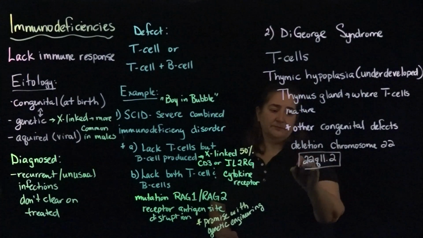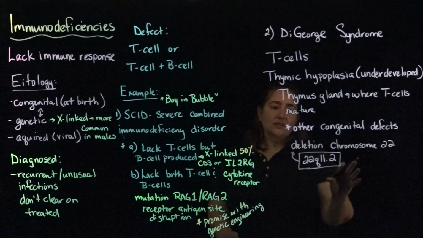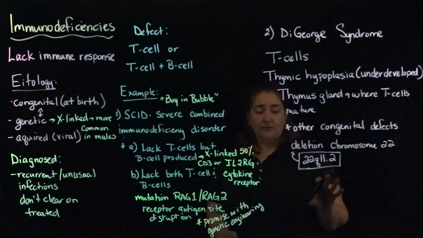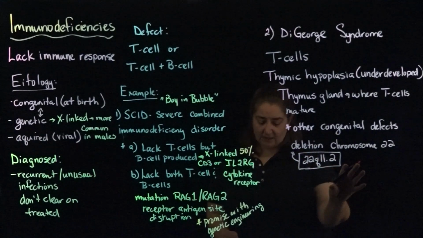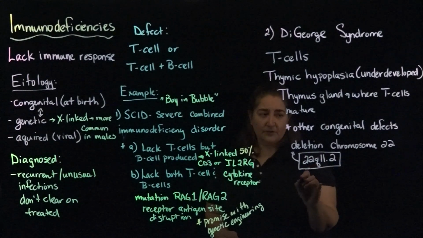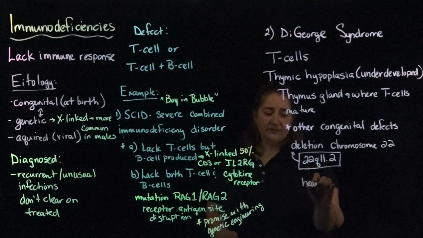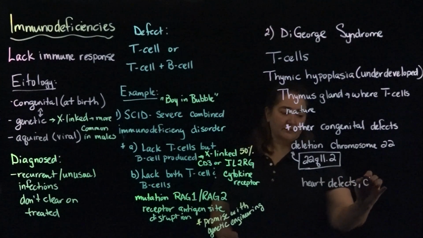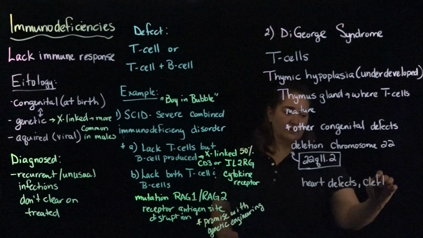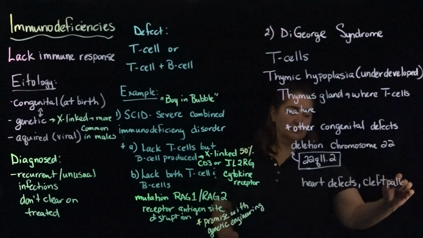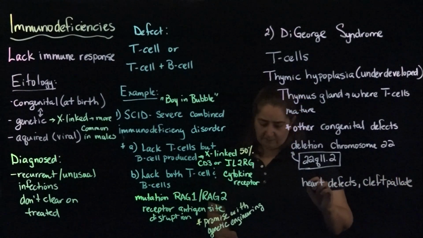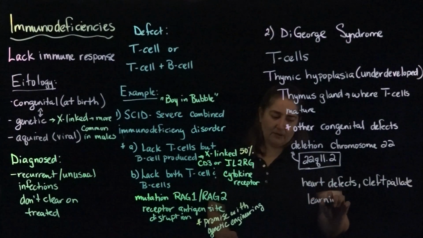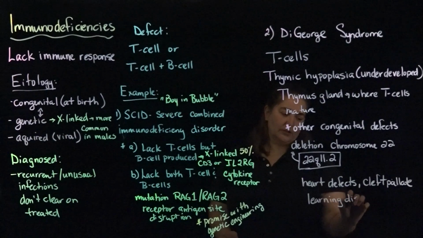That's our deletion. So there are other genes in that area that result in other deficiencies. And some of those other deficiencies are heart defects, cleft palate, and very often also learning disorders.